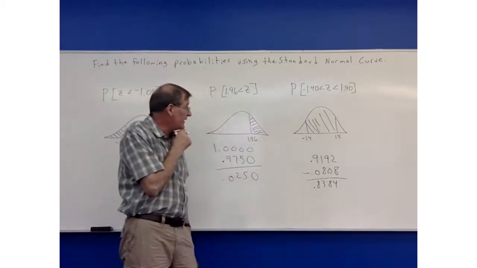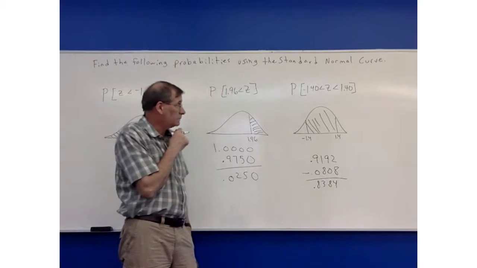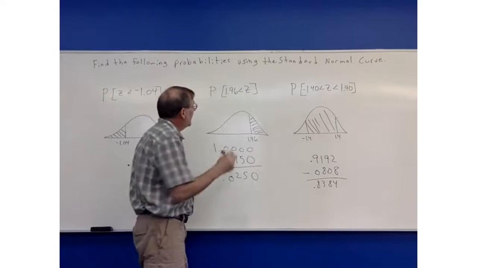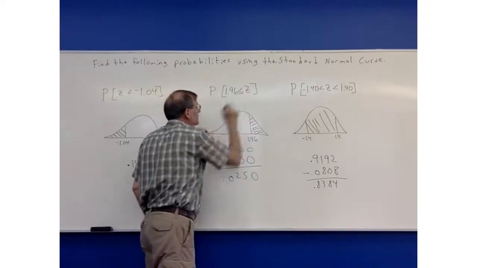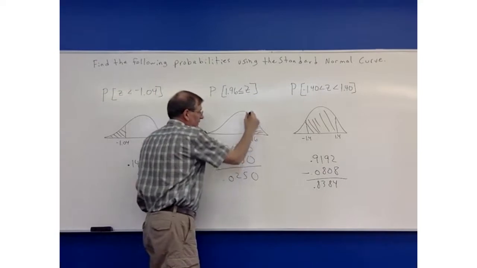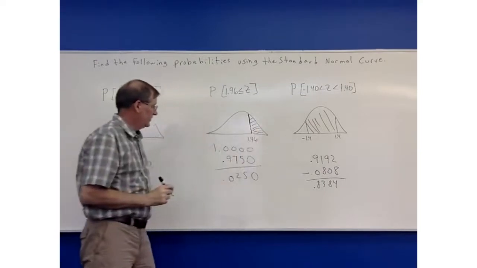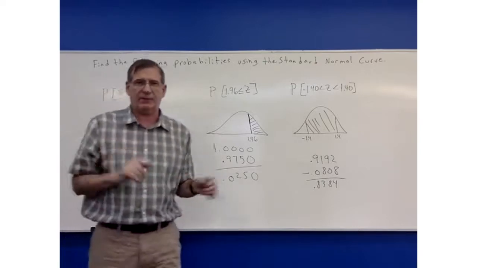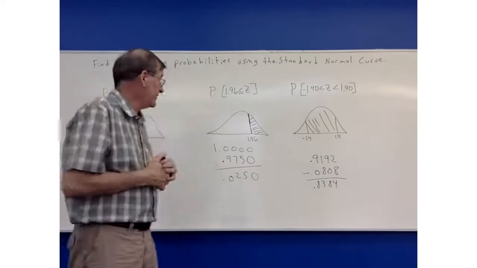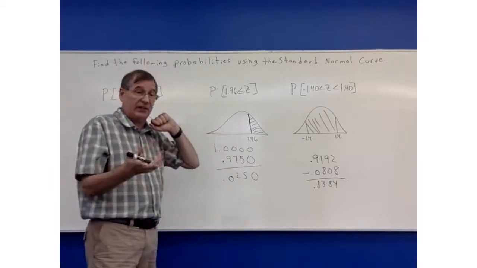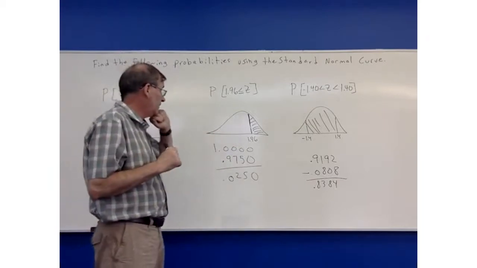Now, one thing else I'd like to say: what if I did this? Now I'm including 1.96. Earlier, I was not including 1.96. What happens? Well, this is area under the curve. Maybe I should have done this with the other lesson.